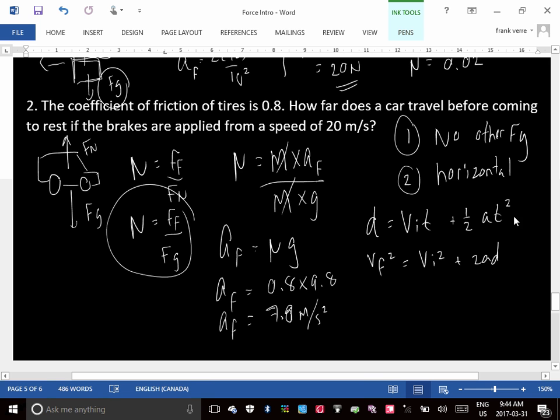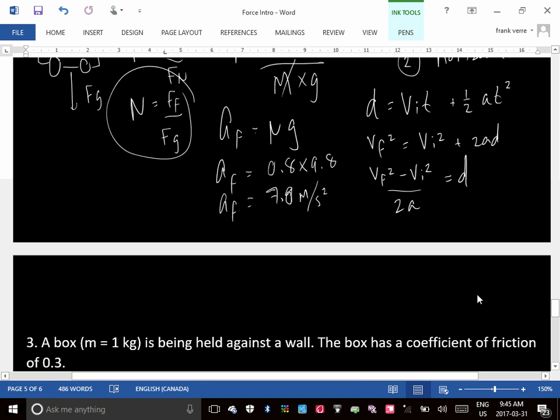You could use the other equation, but then you've got to find time. Let's use this one: vf squared equals vi squared plus 2ad. And let's solve for d. So if I rearrange that, you're going to get vf squared minus vi squared over 2a is your distance.